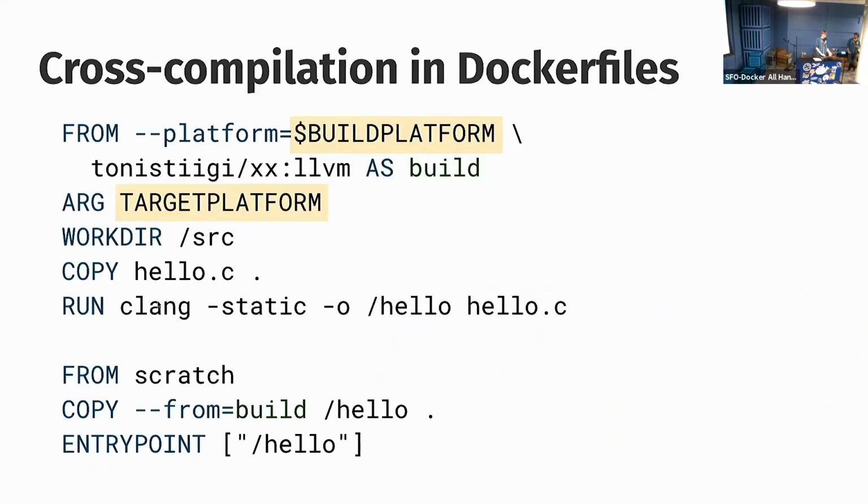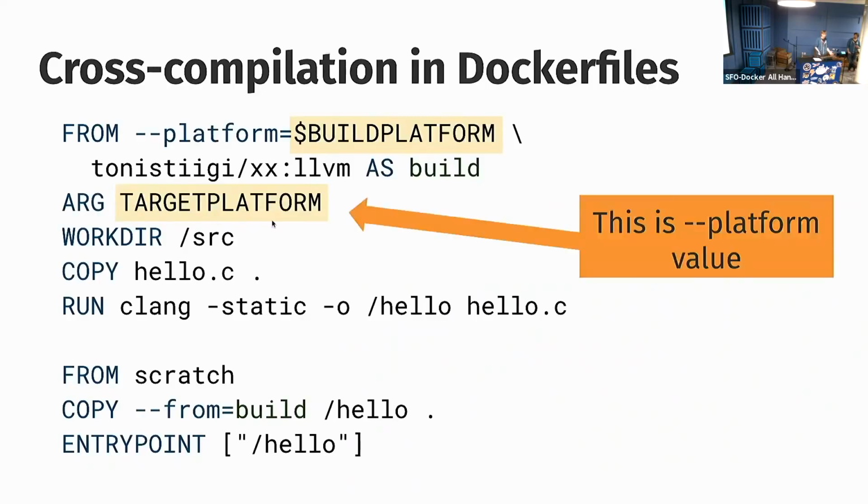But when I'm running Clang here, it is already seeing something called TARGETPLATFORM. Target platform is the value that you provide in --platform. This is how your application itself can pick up what platform the user expects as an end result, and do the right thing.